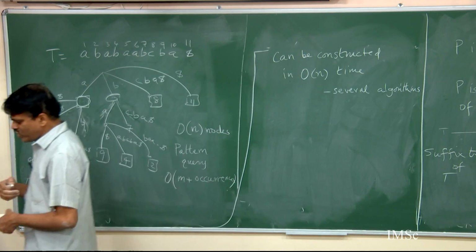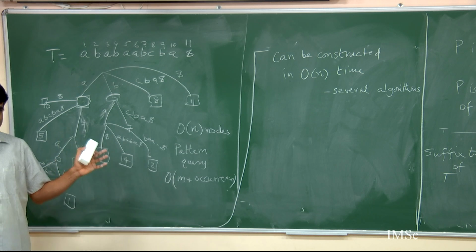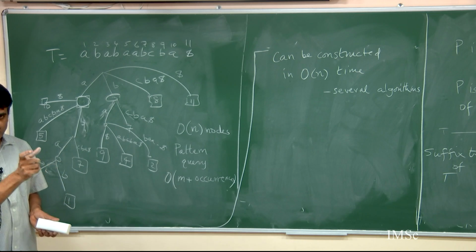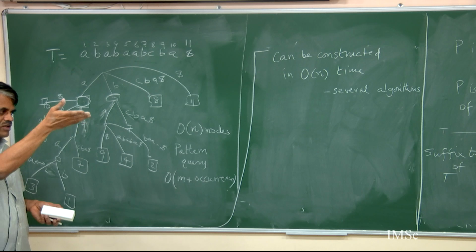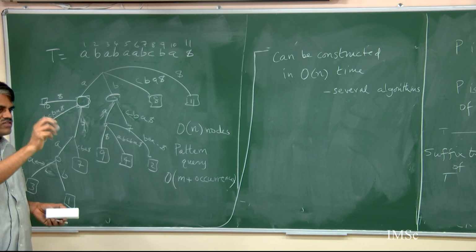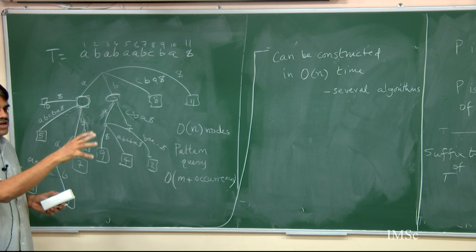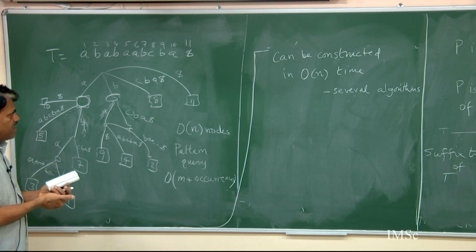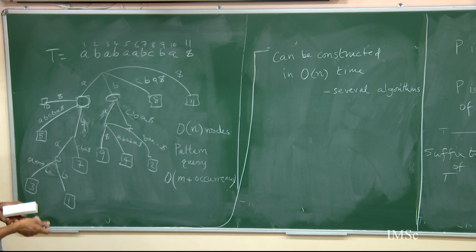It's because you're not inserting arbitrary strings. You use the fact that it is a suffix of a particular text. So you can take advantage of it, right? I've inserted something, I know the next suffix is coming, so it will match with this suffix to a large extent. So I can do some careful pointers and eventually construct the whole thing in order n time.